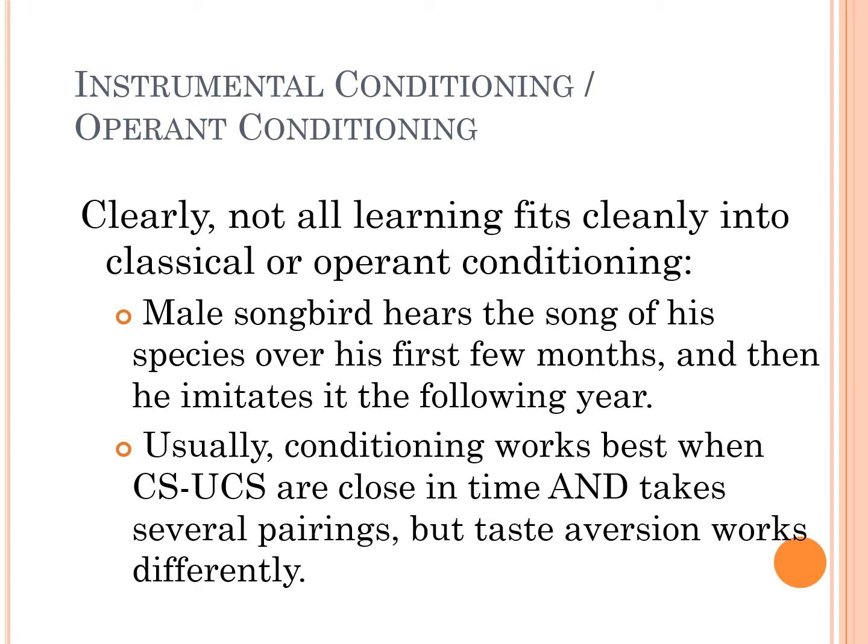But some conditioning works differently than that, and one example is taste aversion. So my unconditioned stimulus being my illness, but then I'm going to start now having a response of feeling ill to just the taste of food, the smell of food, sometimes the looks of food, and that illness comes oftentimes hours and hours after actually eating the food.